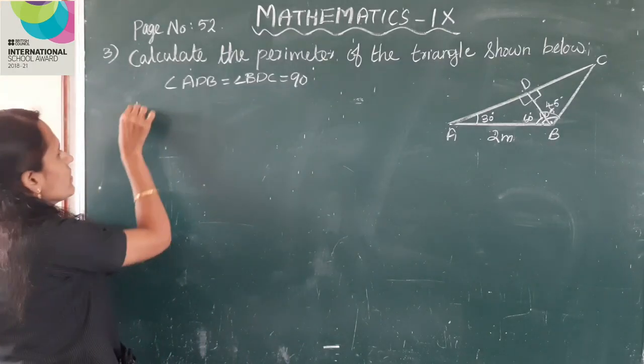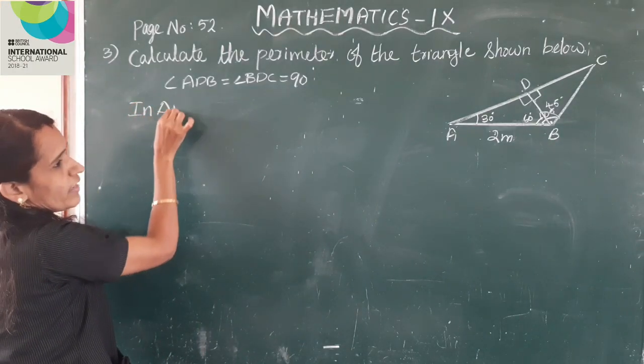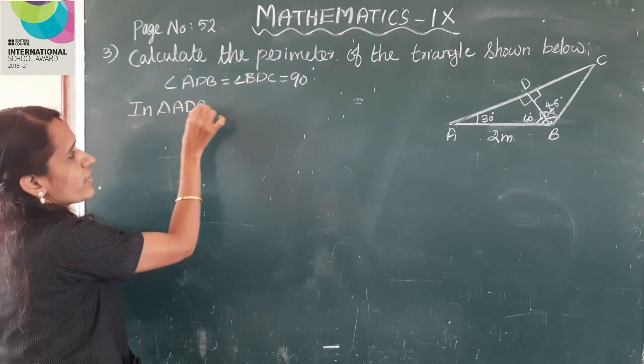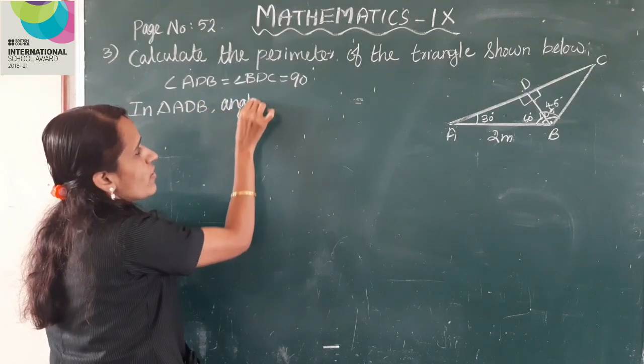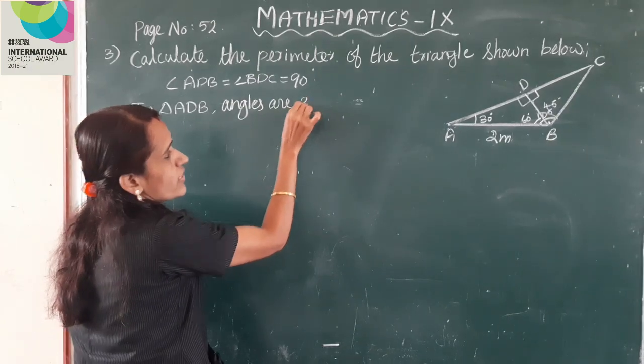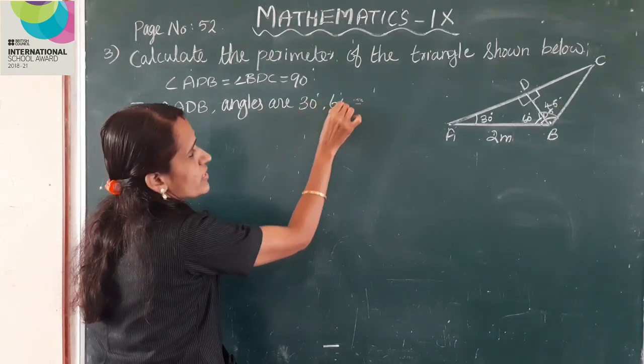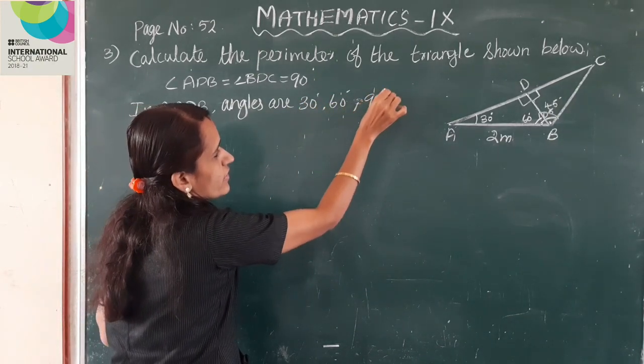In triangle ADB, angles are 30 degree, 60 degree, 90 degree.